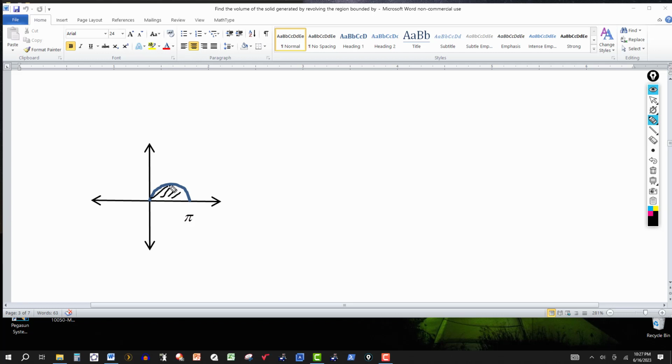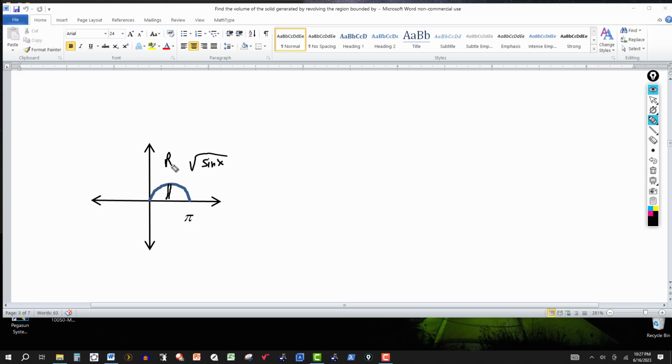Notice this is sitting right on the axis of revolution. So if I draw my representative rectangle here, using the disk method, the rectangle is really thin; I'm drawing it kind of thick here. The capital R in the formula, the outer radius, goes from the x-axis to this point here, and that's the square root of sine x.